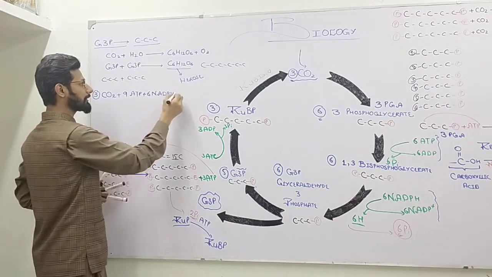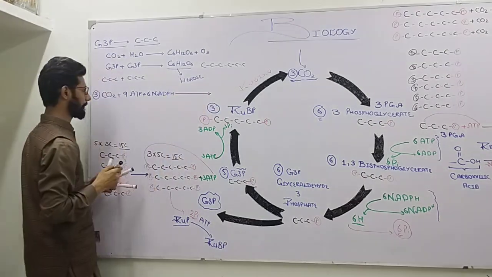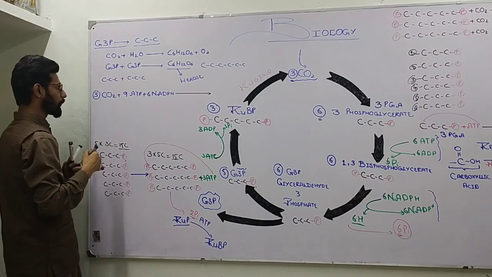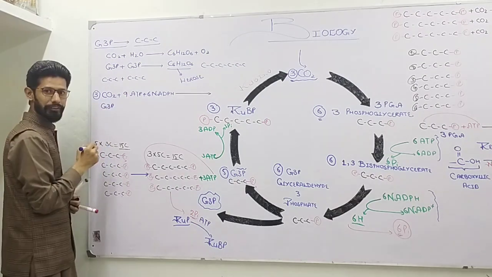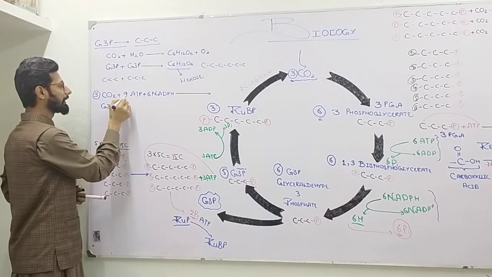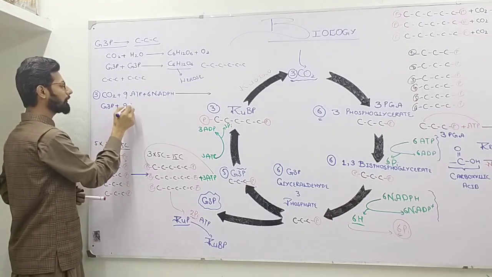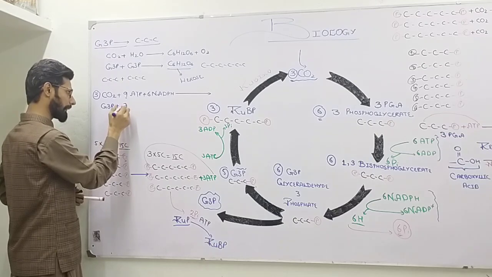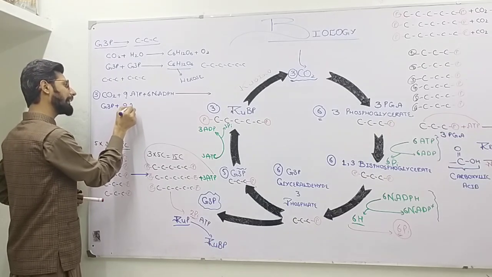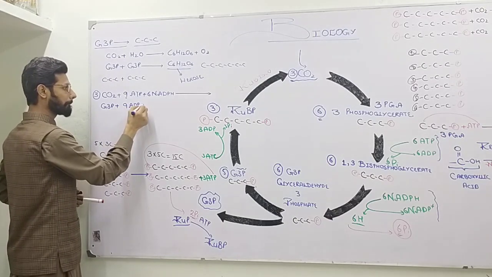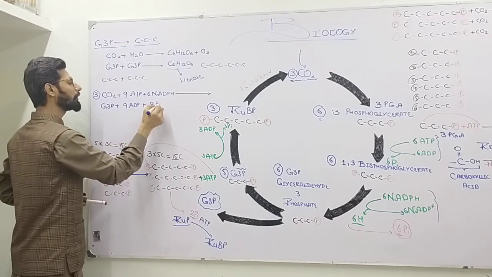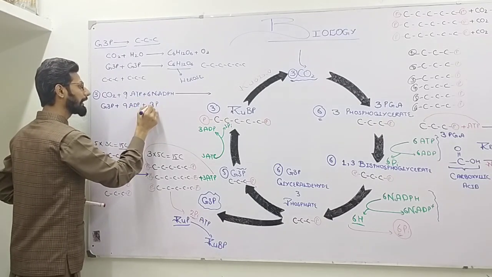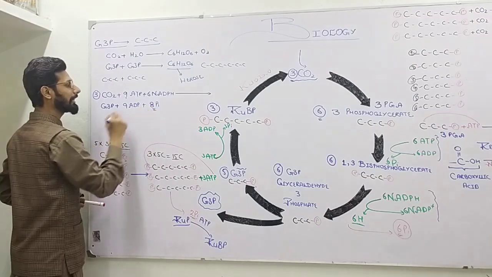So what comes after this addition? After this addition, we get 1 molecule of G3P and 9 molecules of ADP plus 8 molecules of inorganic phosphorus.